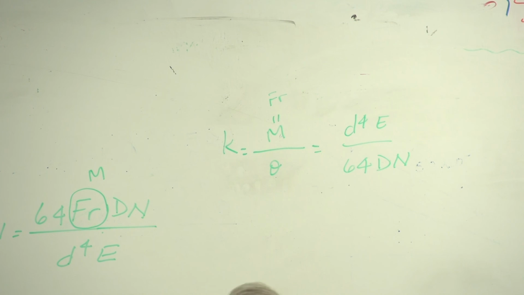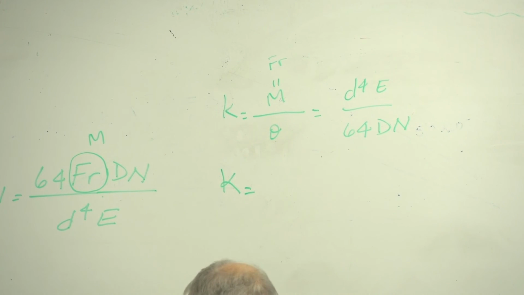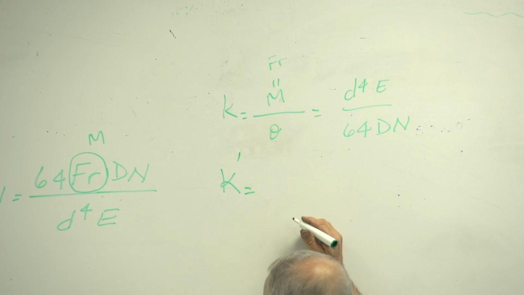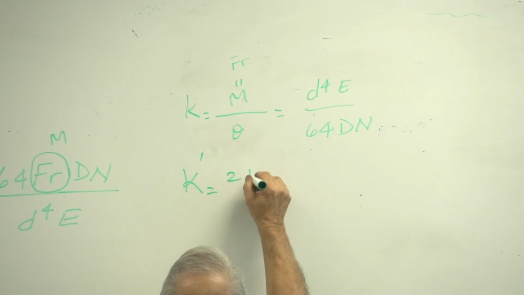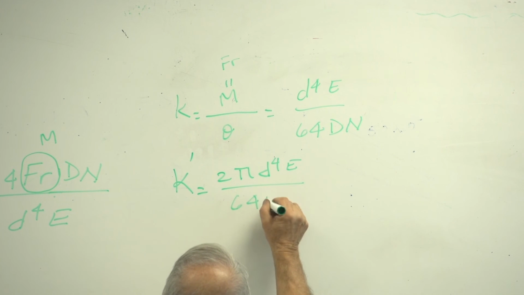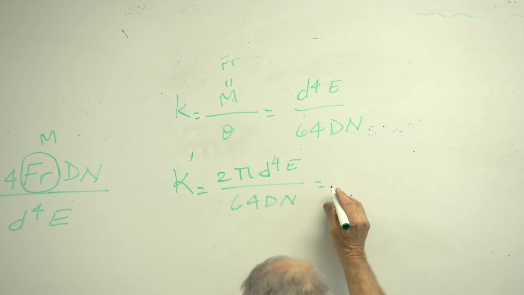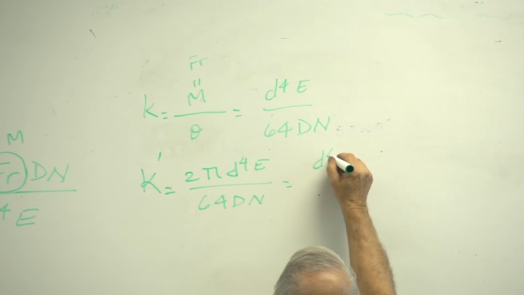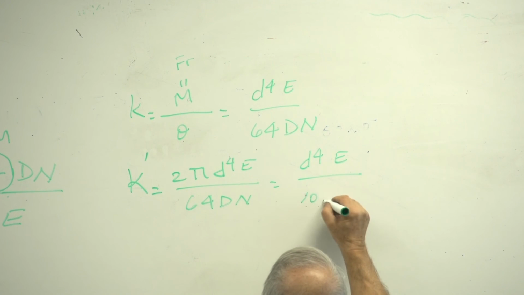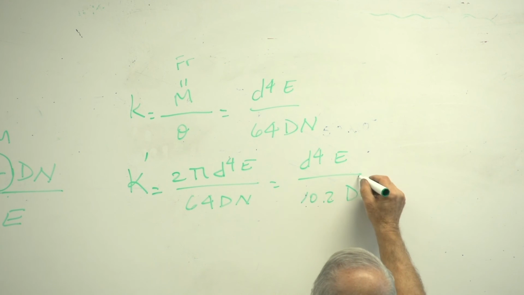So K will be equal to, we have called this K prime, I guess, for 1 revolution, 2 pi times that: 2 pi d to the 4th E divided by 64 dN, which is equal to d to the 4th E divided by 10.2 dN.